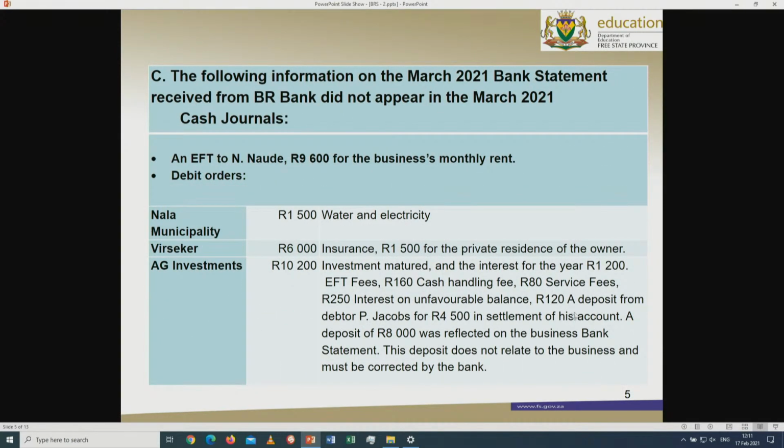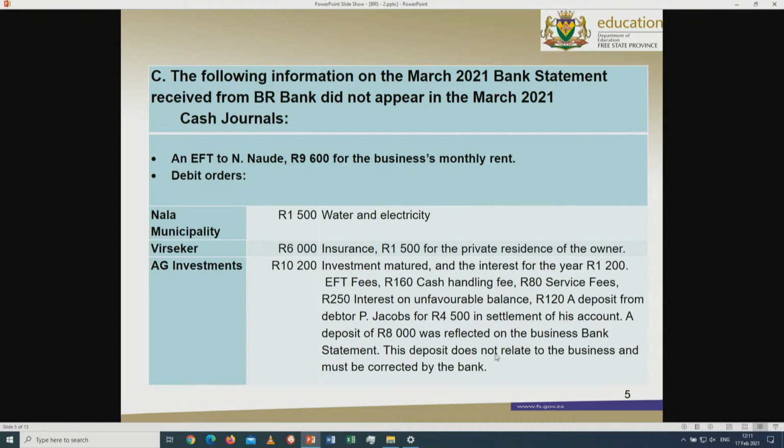There is the transaction. They are saying there is a deposit of 8,000. Remember, this one is a deposit. So if it's a deposit, what does it mean? It means if we deposit the money, bank will debit our account. A deposit of 8,000 was reflected on the bank statement.